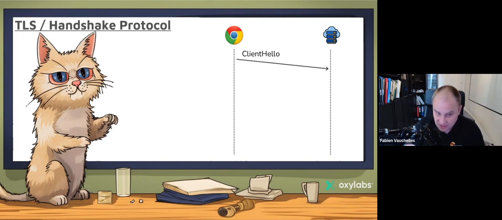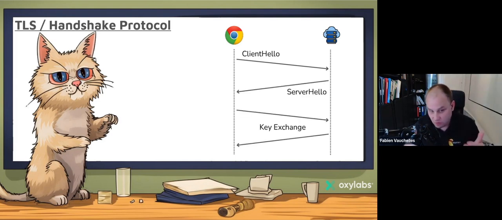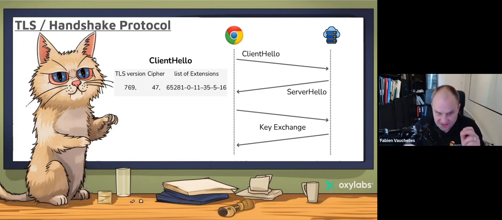And this message includes a list of supported encryption algorithms such as RSA, DSA, and also some options. It is called the cipher suite. The server selects the most secure and compatible algorithm from the list, and they initiate a key exchange to secure the connection. This is where the magic unfolds.